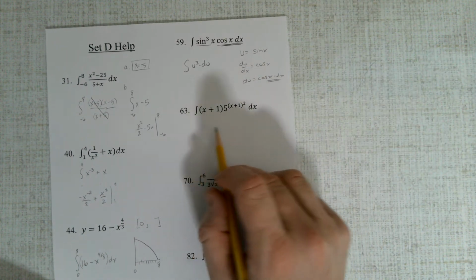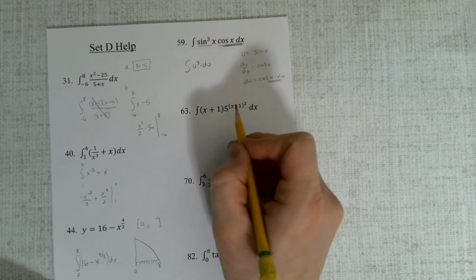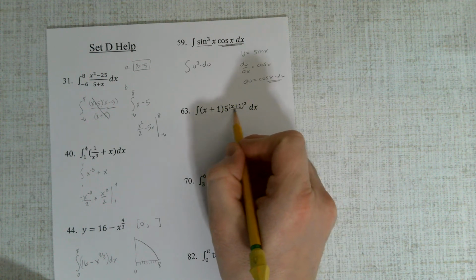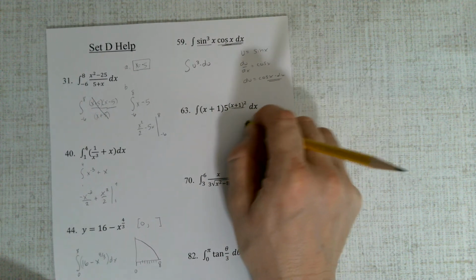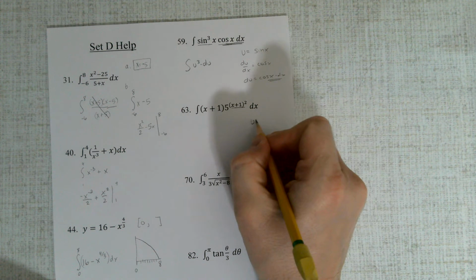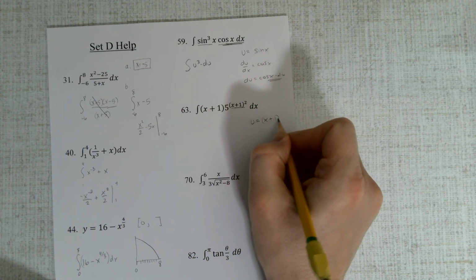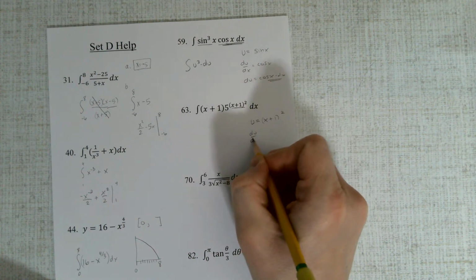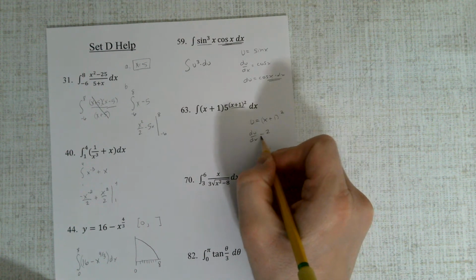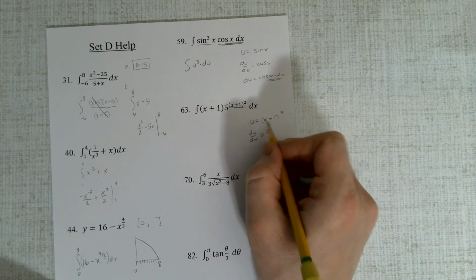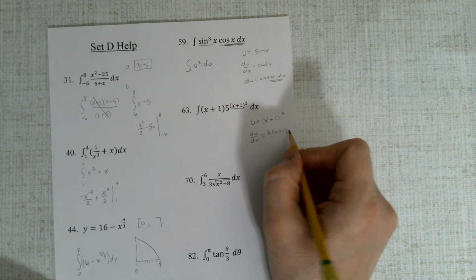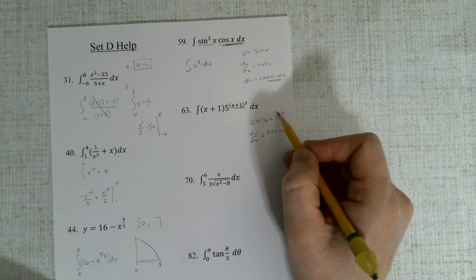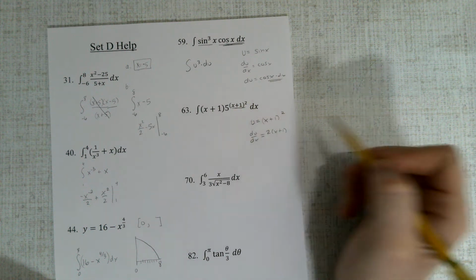A lot going on here, but if you notice, if you have this here, the derivative of this is just x plus 1. So if you let u equal x plus 1 squared, then du dx is equal to a 2. Drop that down in front, keep this the same, chain rule type of thing, multiply by 1, but you just take this down, subtract 1, and now we have this to the first power.